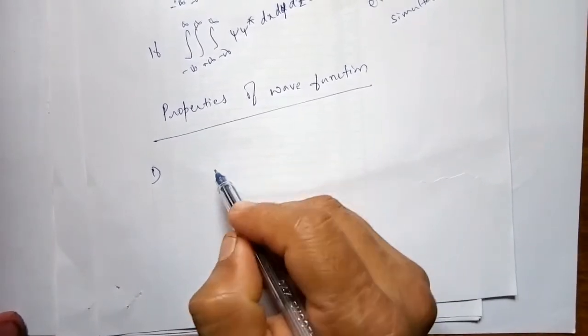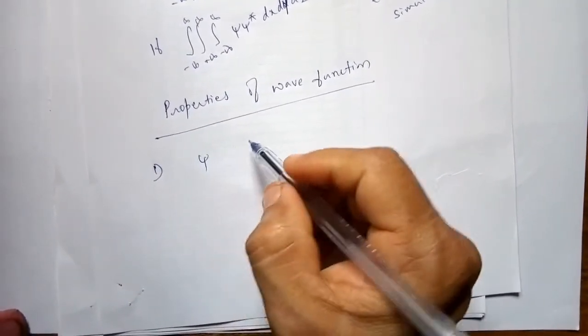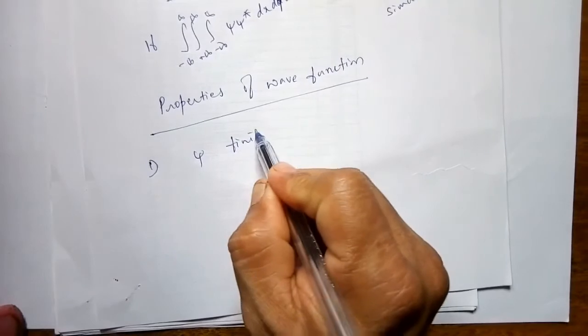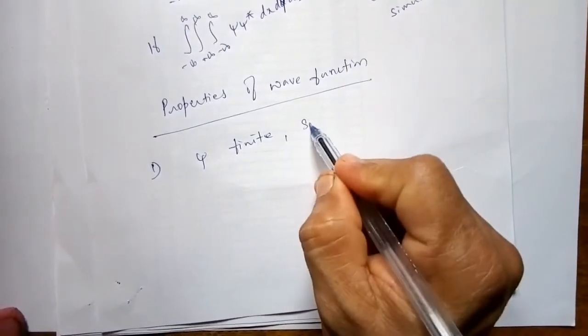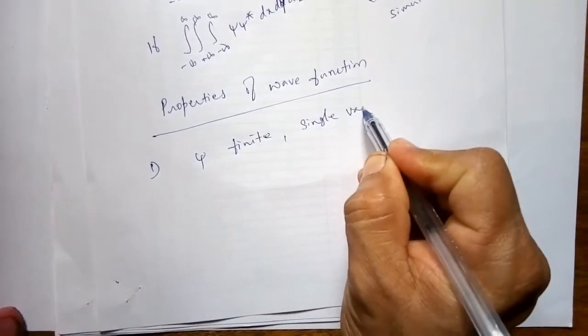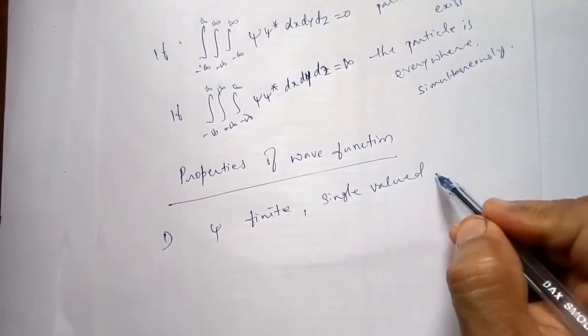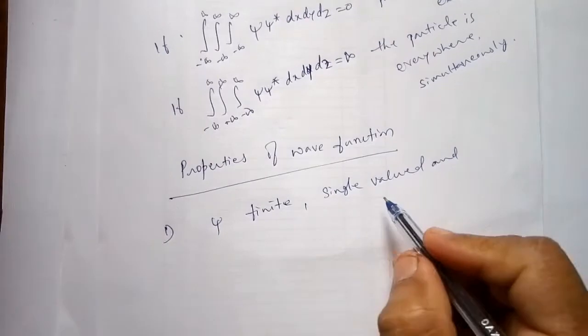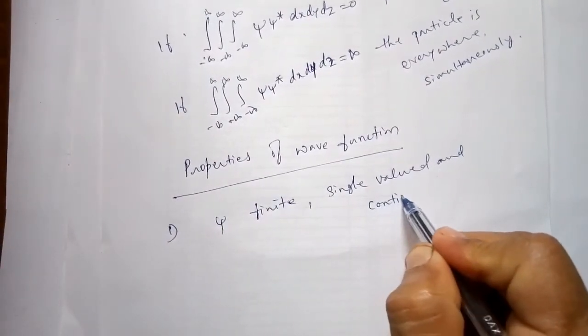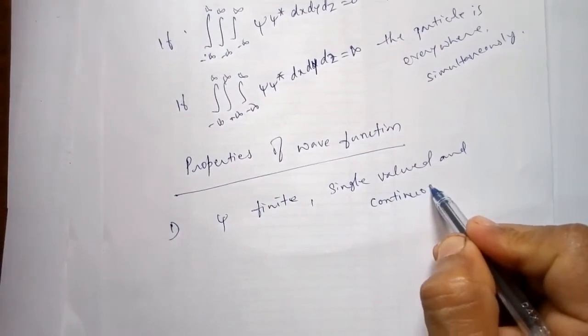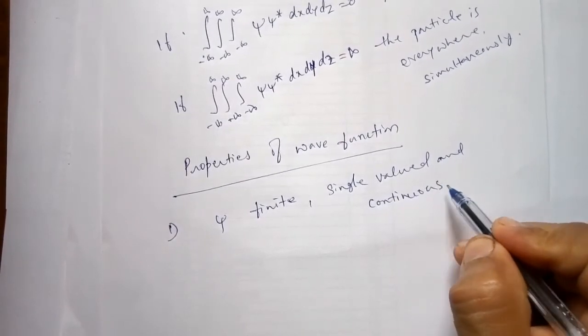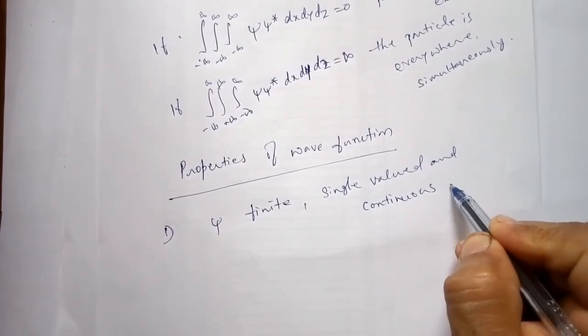The first one is that the wave function psi must be finite, single valued and continuous everywhere. That is the first property of the wave function.